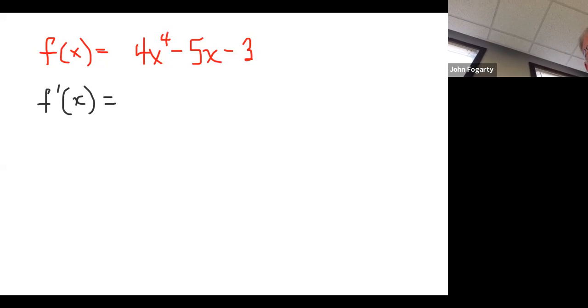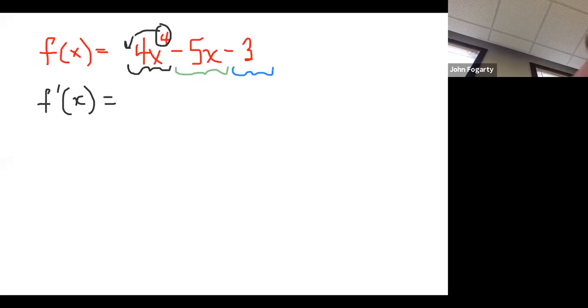We're going to put them all together. And we know we have 3 different terms here. So all we're going to do is take each of those terms and find the derivative of each of those terms. All right, so the first term there, 4x to the 4th becomes what?